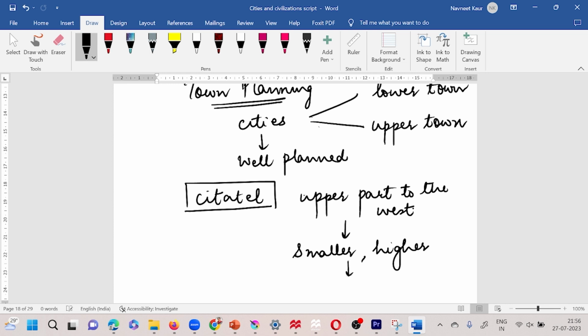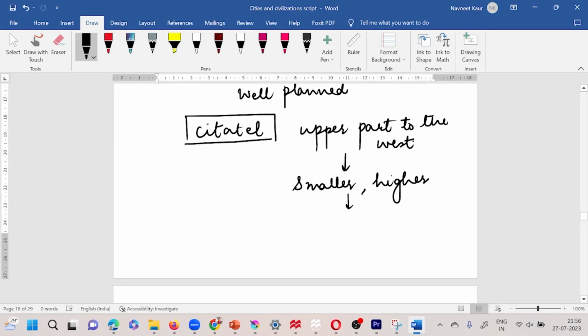And this used to have some special buildings. So the upper part to the west, smaller and higher, was the citadel where some special buildings were located.